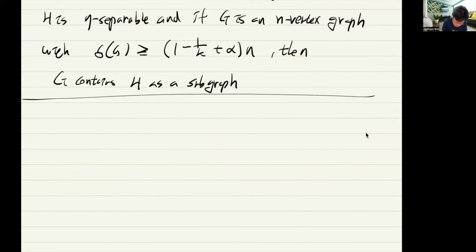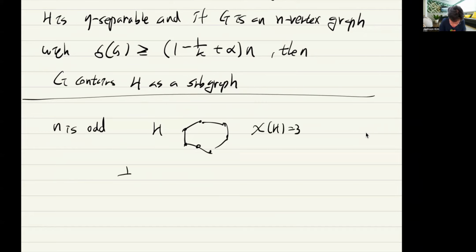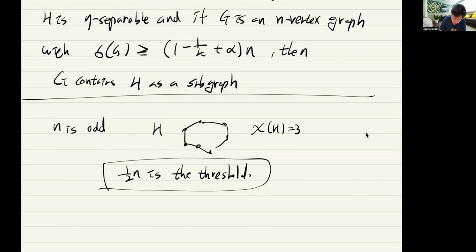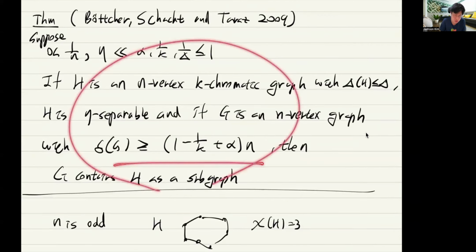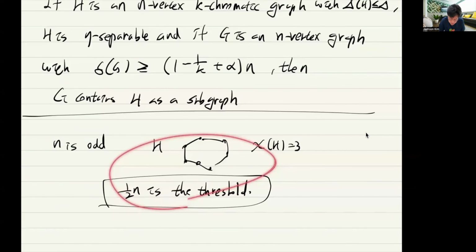But you might think that if n is odd and H is a Hamilton cycle, its chromatic number is 3, but the Dirac theorem says that n over 2 is the threshold. So you might think that this does not give the approximately optimal bound in this case. But this graph is almost bipartite. If you delete one vertex, it is bipartite, right?